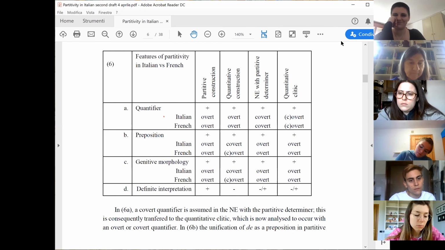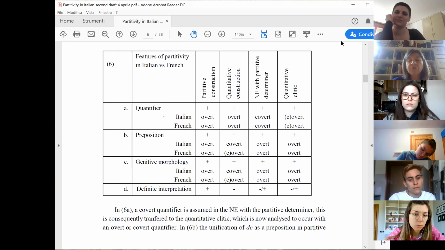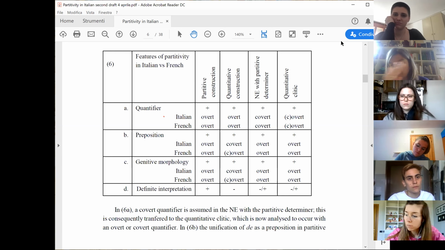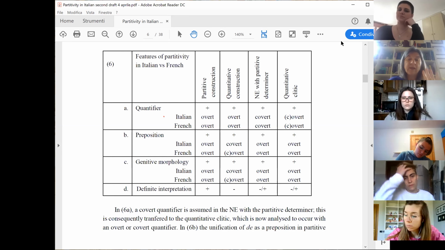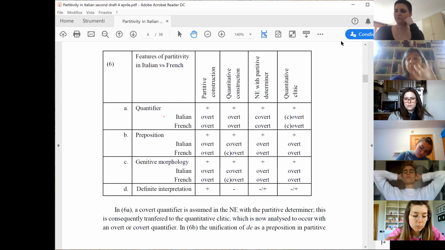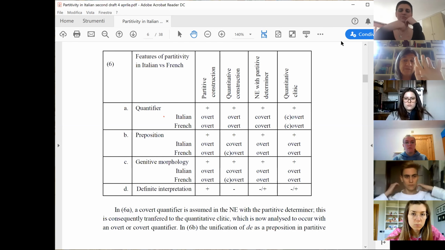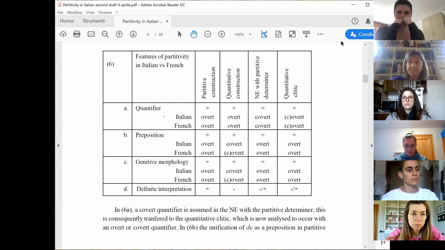In Italian and French, we have the presence of the quantifier across the board, and the preposition always goes with the quantifier, so the preposition is always present.